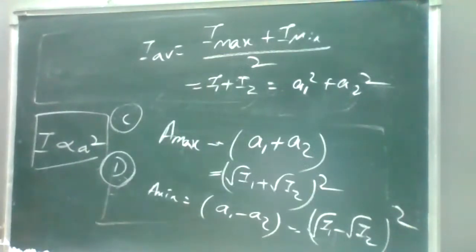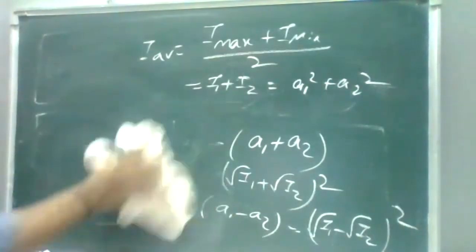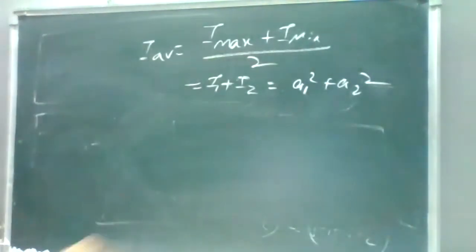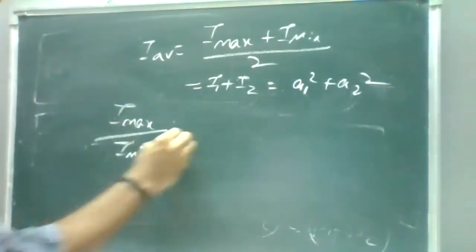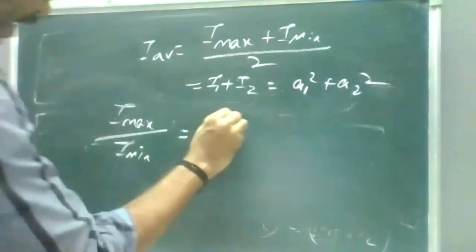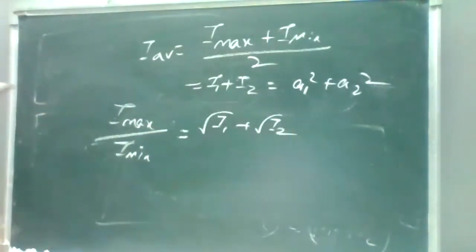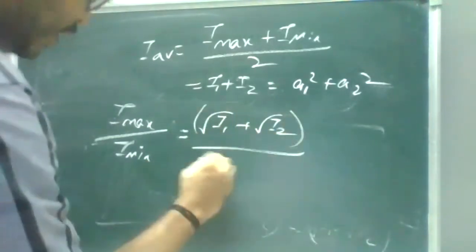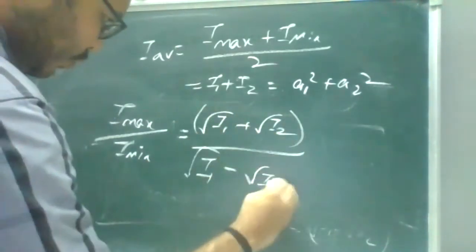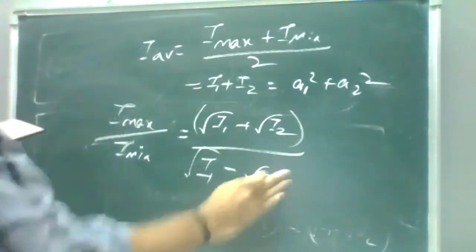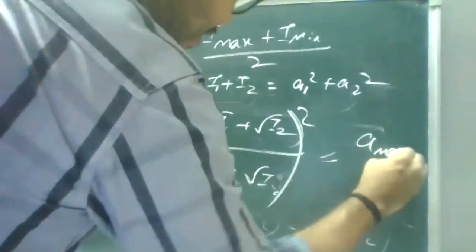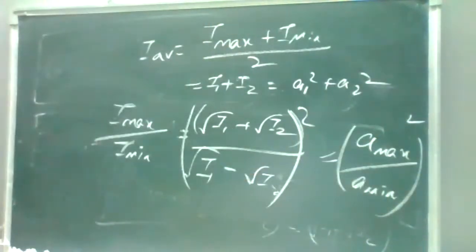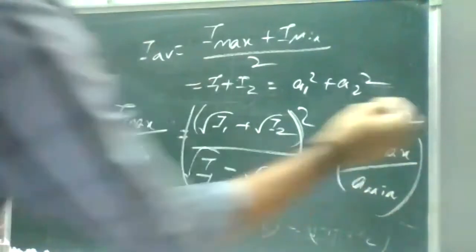Now, the ratios: I max by I minimum is equal to root I1 plus root I2 whole square by root I1 minus root I2 whole square, which is equal to A max by A minimum whole square. This is your ratio with respect to intensities and amplitudes.